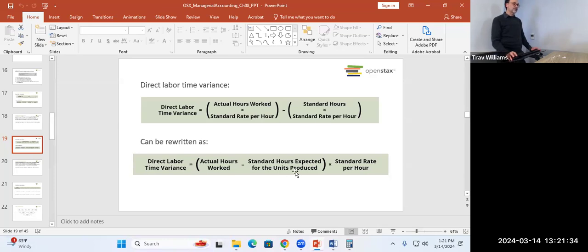But if we use this simplified version here, we do have time variance, actual hours worked, and the standard hours as well. So really the only thing we're missing is this one piece of information. I think we can use this formula and find the answer. Does that make sense?